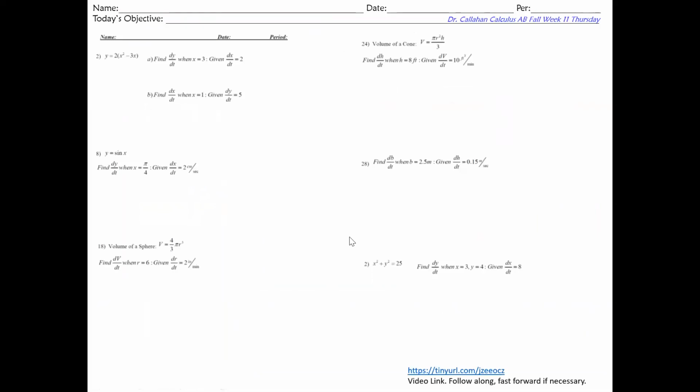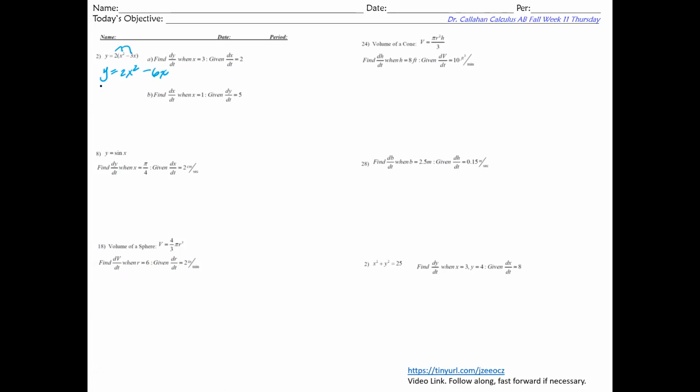So let's take a look at this and see if we can go over a few questions. First question right here. For A, it's asking you to find dy over dt when x equals 3 and given dx over dt equals 2. First thing, you want to distribute that. So y equals 2x squared minus 6x.